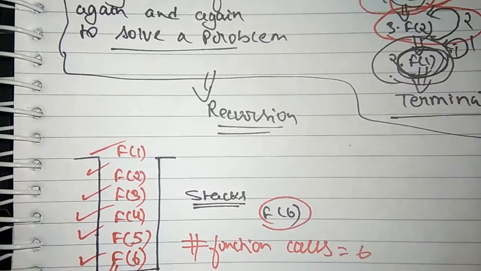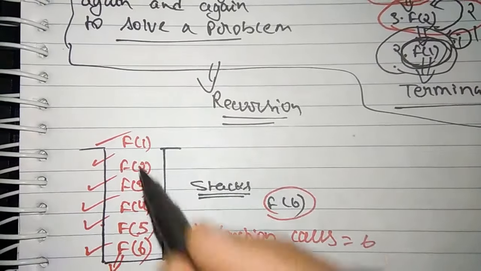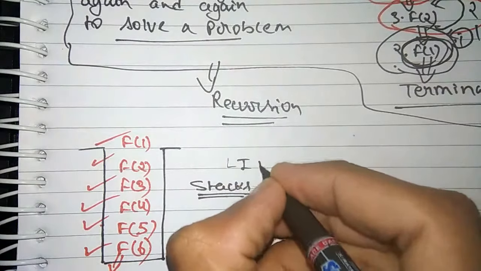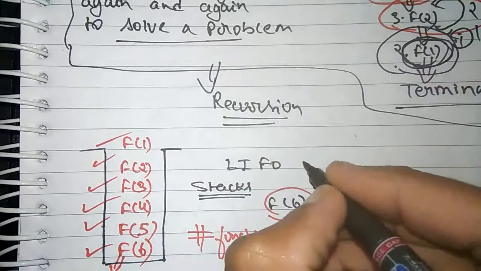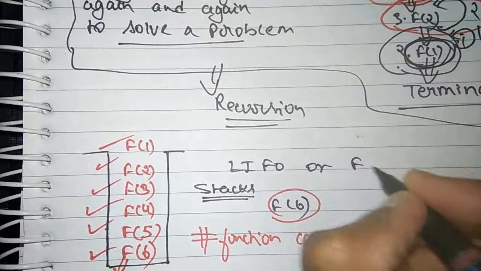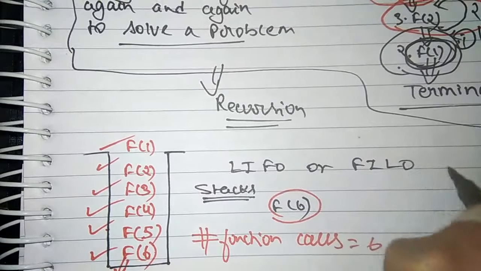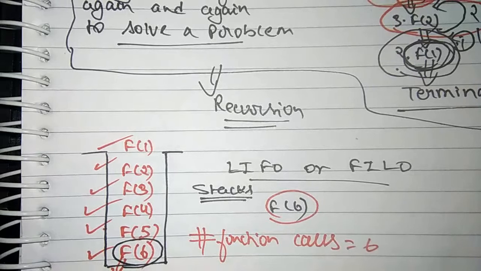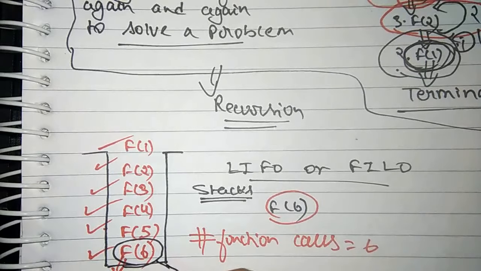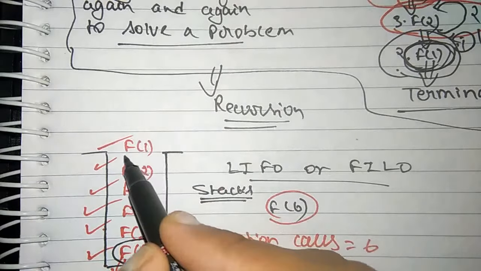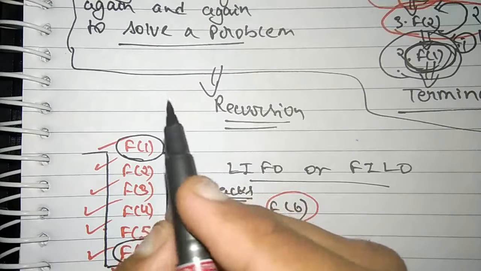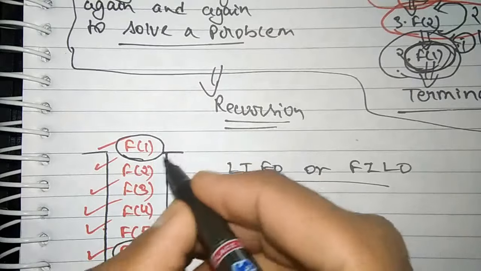Now, as we know, stack follows last in first out property, or we can say first in last out. Means the element which is inserted in the stack first is to be popped out last, or the element which is inserted last will be popped out first, right?